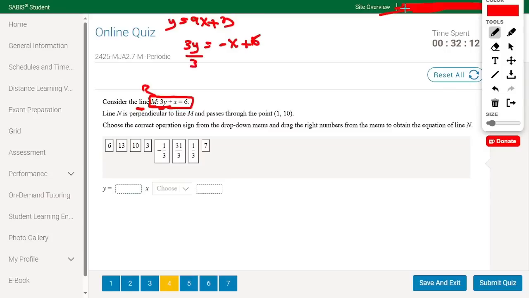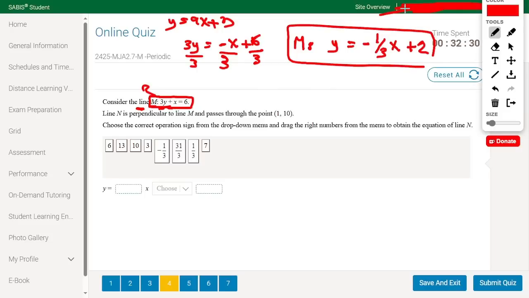Now divide by 3, divide by 3, divide by 3. So line M will be y equals minus 1 over 3x plus 2. So this is the line M. Now the slope of line M equals minus 1 over 3.